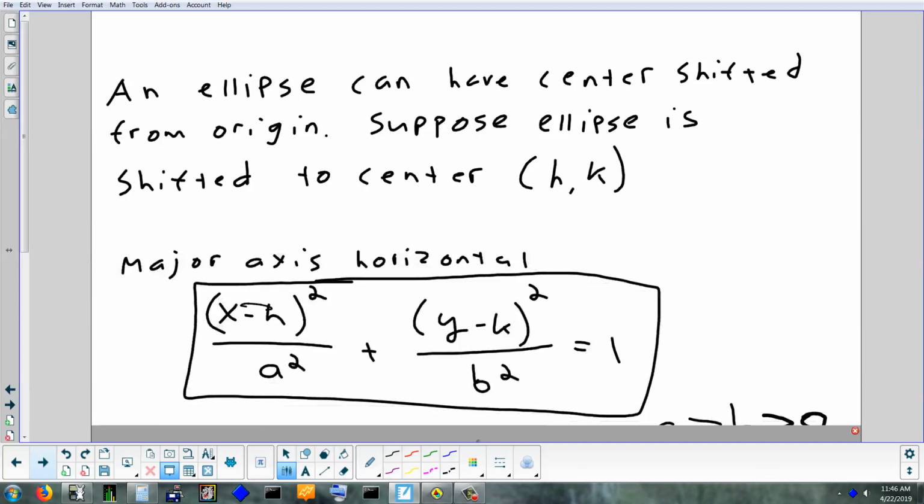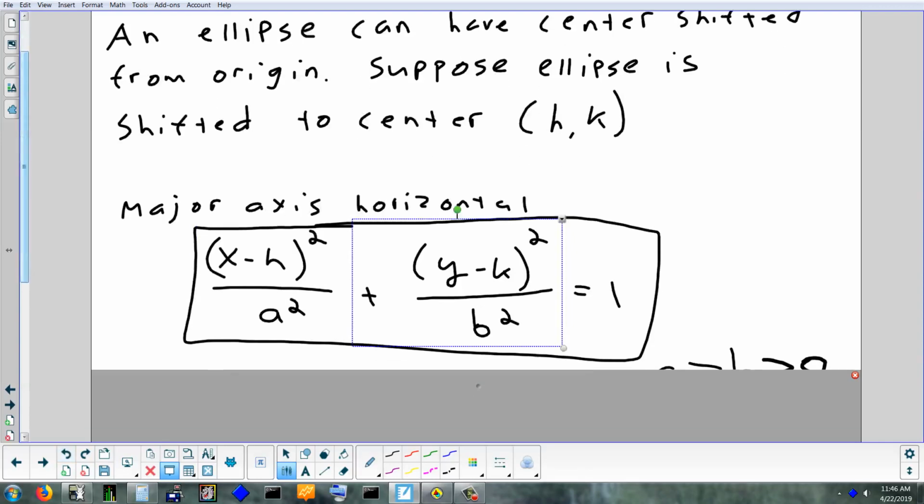If you get rid of the minus h, pretend like it was minus 0. When you get rid of the minus k, because k was 0, you get the exact equation you just had before. But now h and k aren't necessarily going to be 0. But everything else is still the same.